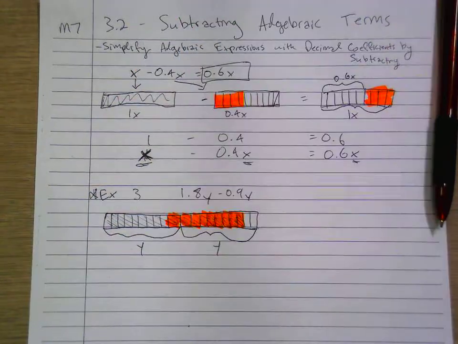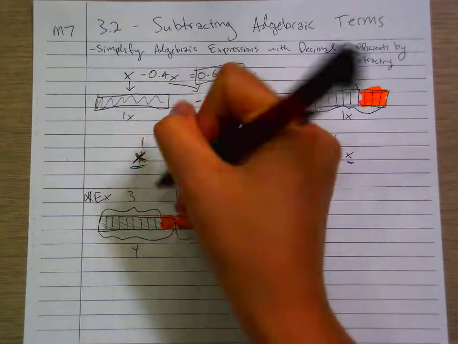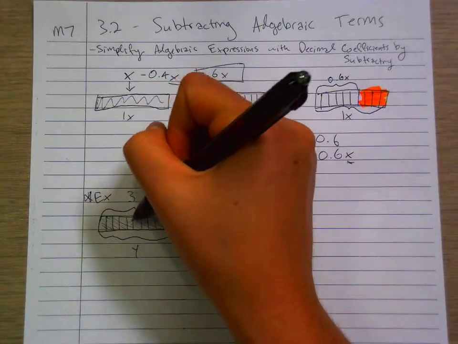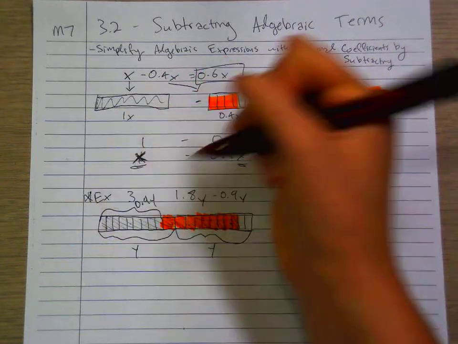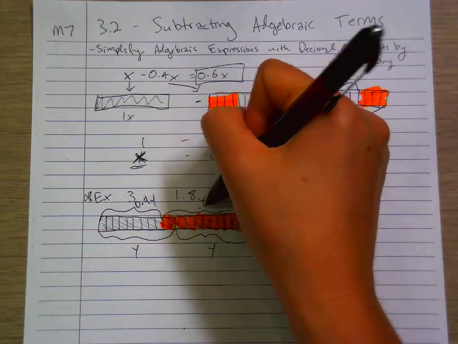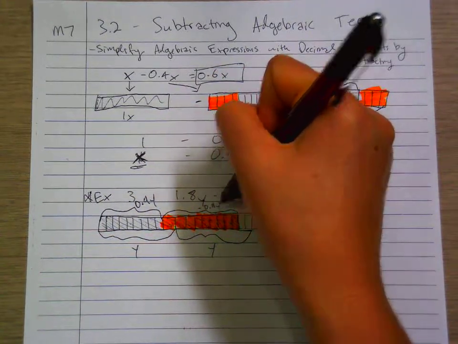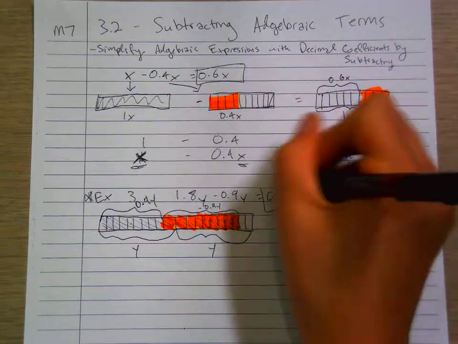So now we are only left with this section, 1, 2, 3, 4, 5, 6, 7, 8, 9. 0.9y is what we're left with, because remember, we took away negative 0.9y. We're left with this, which is 0.9y, and that's our answer. Try this guided practice.